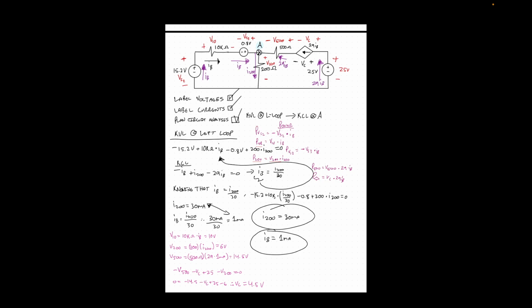Next, my voltage source 1 will be my negative VS1, because of my passive sign convention, and my 29 times IB.